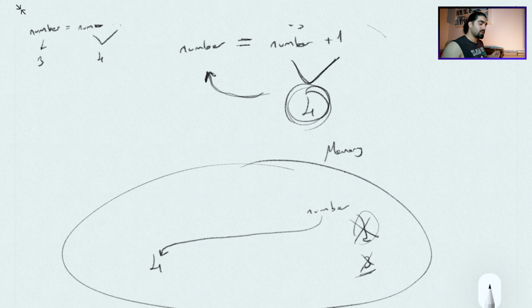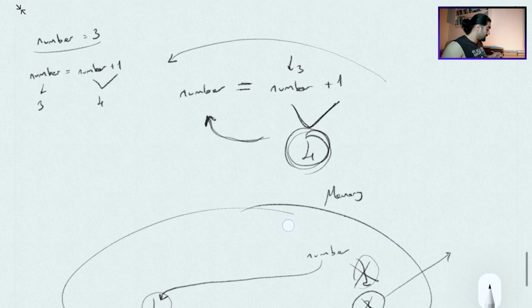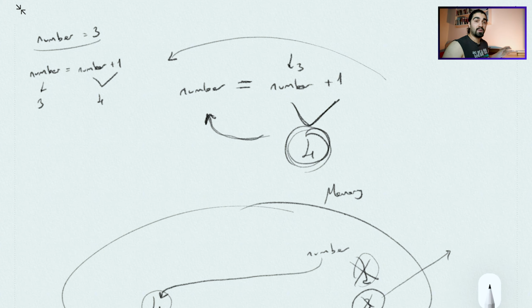It looks for values that are not referenced by any variables. Here, our value 3 is not referenced by number anymore, and the garbage collector takes it out of our memory and cleans everything. It just collects the garbage for us. So number became a reference for our value 4. What you need to understand is that Python calculates the right side first, then assigns that value to the left side. I think that makes sense.